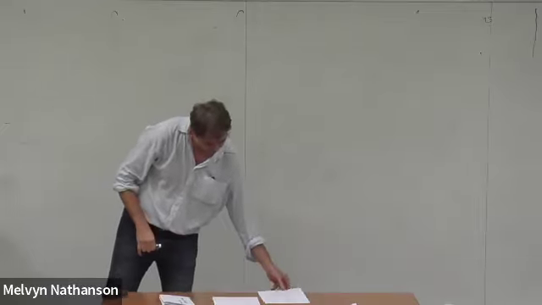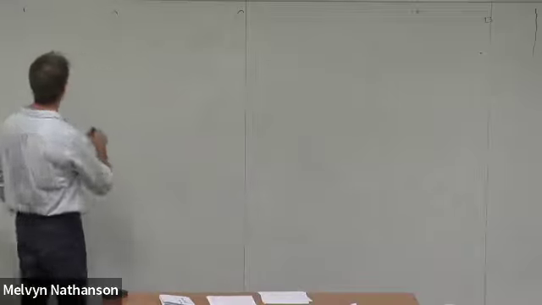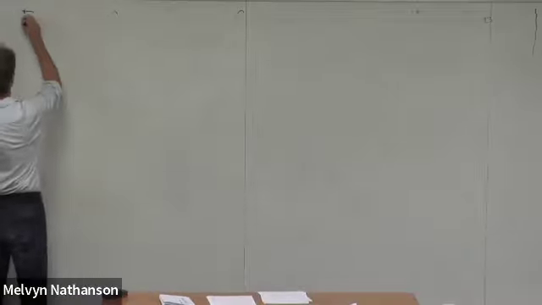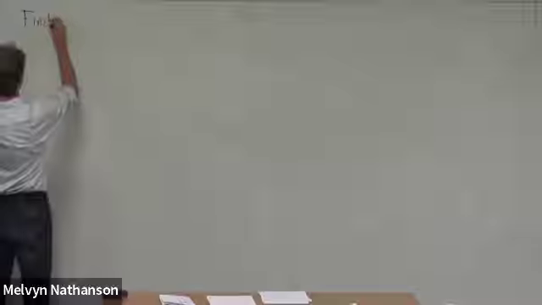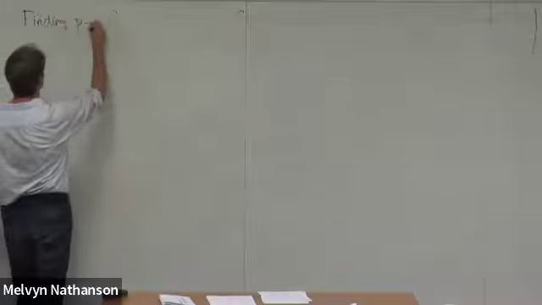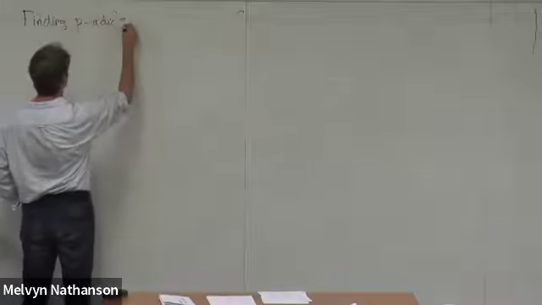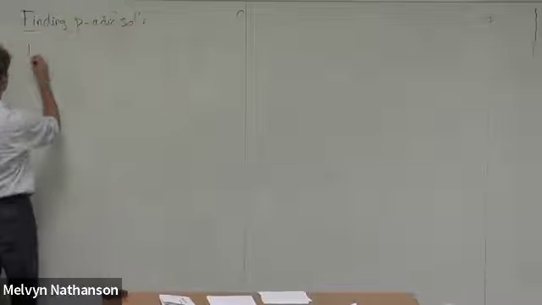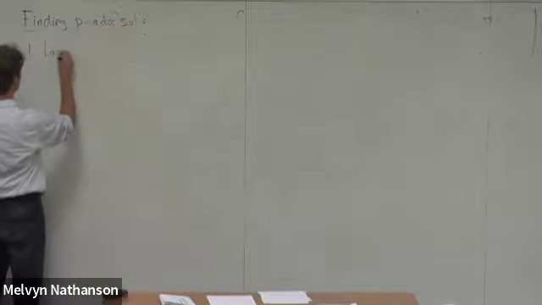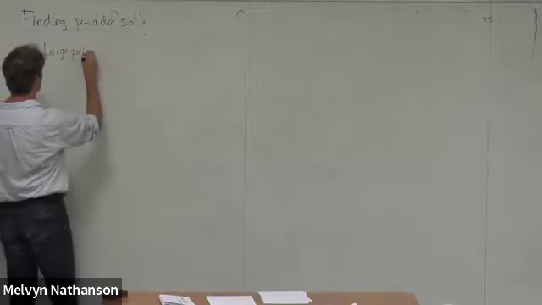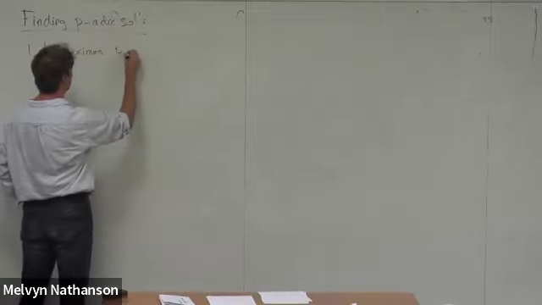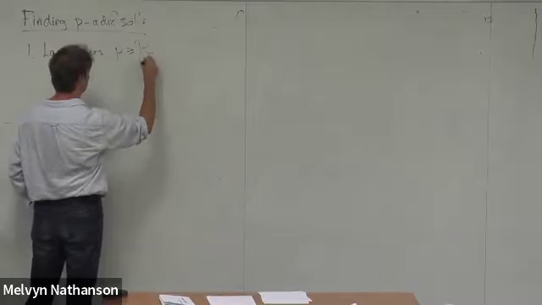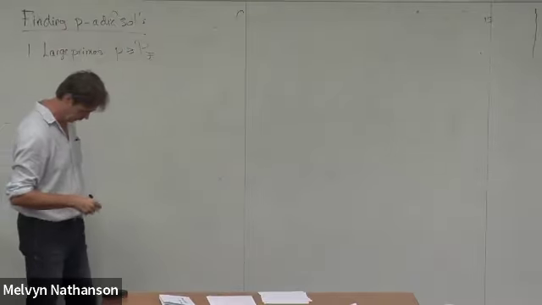So the next step is finding p-adic solutions. And there are two cases. The first case is large primes, and that means P is bigger than or equal to some threshold depending on the system.